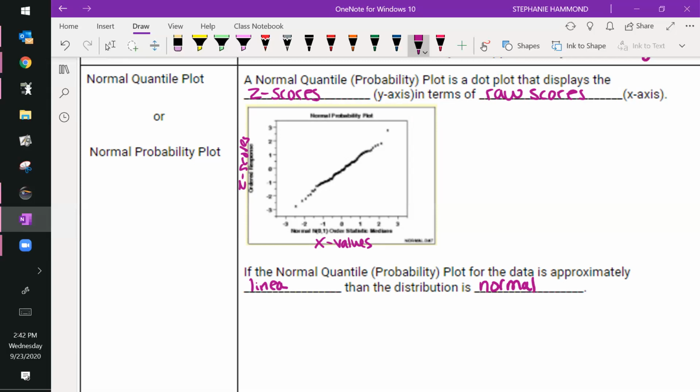It's not perfectly linear, so it's not perfectly normal. But the closer that this plot gets to a perfectly straight line, the closer it is to a perfect normal curve. So in this one, we can say this distribution is approximately normal because our normal probability plot is approximately linear. And it appears there might be a little bit of a tail on the right side.